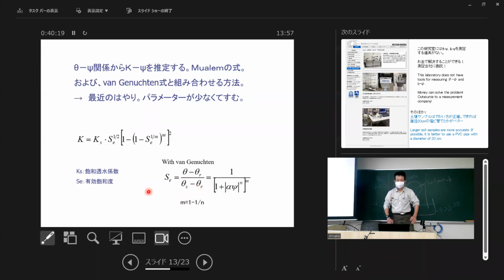So they are the physical soil properties for checking the theta psi and K psi.